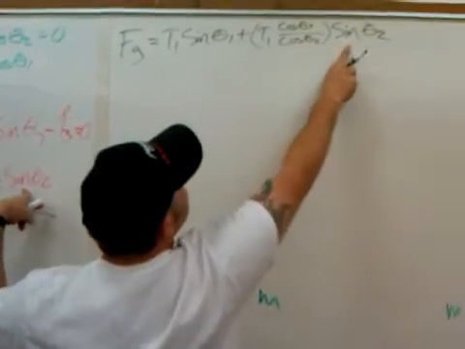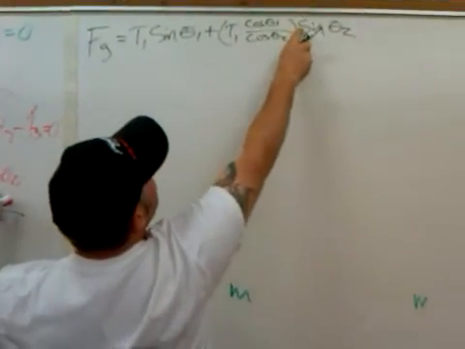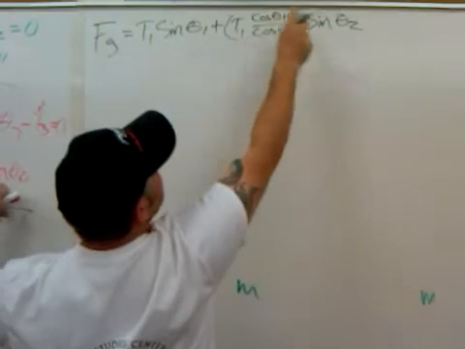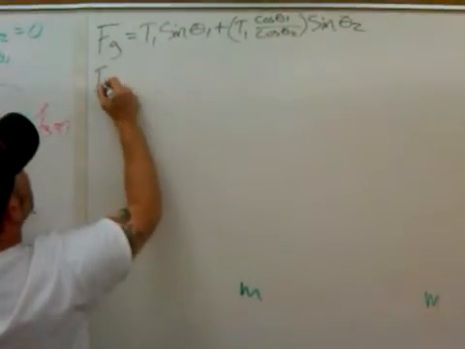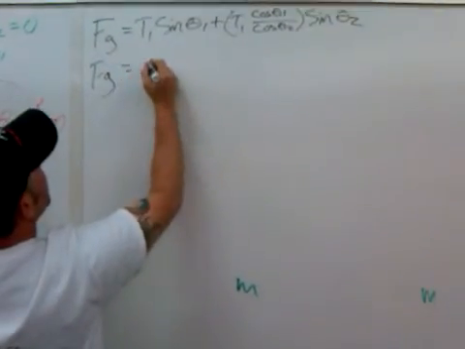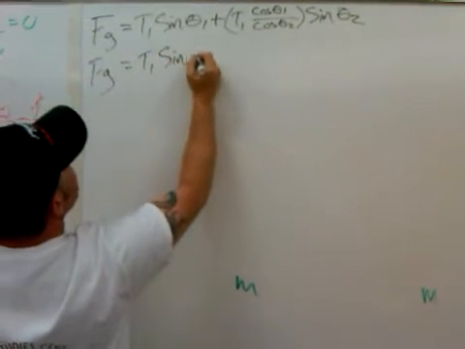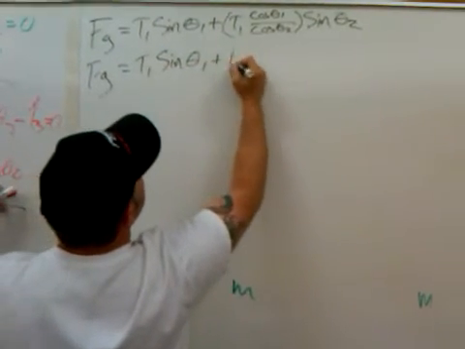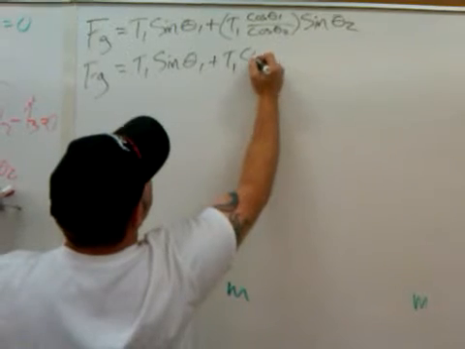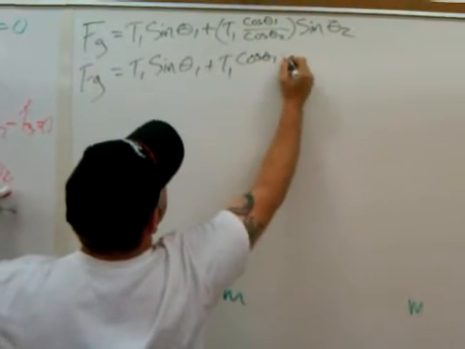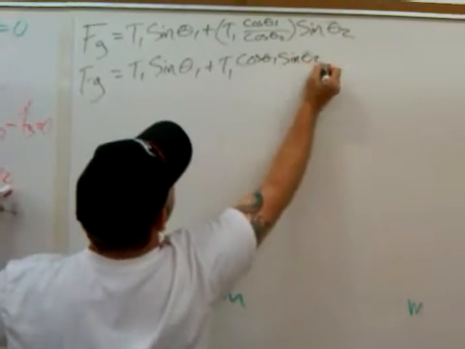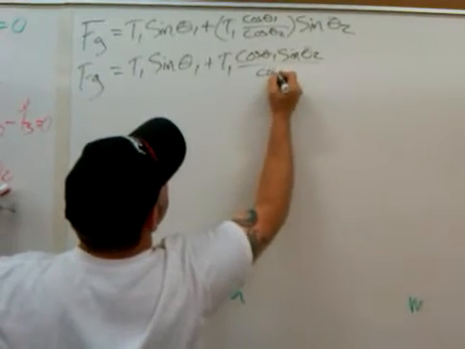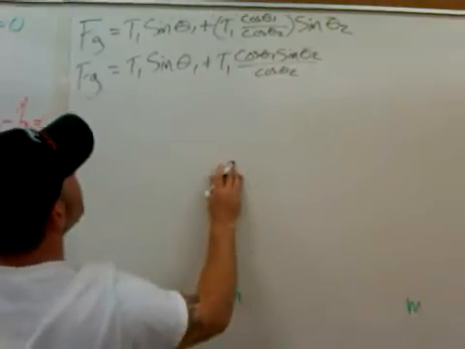Since this is multiplied, quick cleanup, I can just put this sine on top of this, cosine times sine, and I get F sub g equals T1 sine theta 1 plus T1 cosine theta 1 sine theta 2 over cosine theta 2.